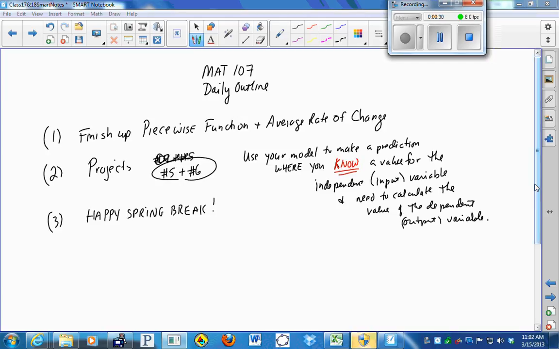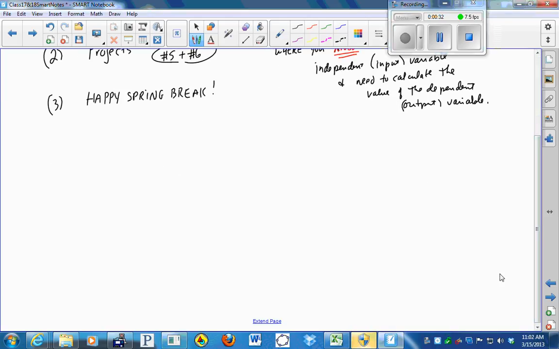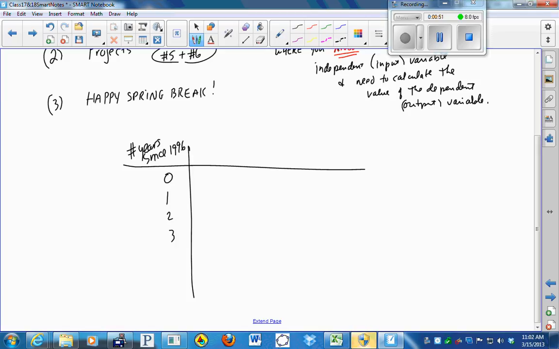So I'm just going to use someone's project here. They were looking at the number of years since 1996. So their first column was the number of years since 1996. They started with the year 1996 because 0 years from 1996, 1, 2, 3, 4, 5, and so on, up to 9 years after 1996.